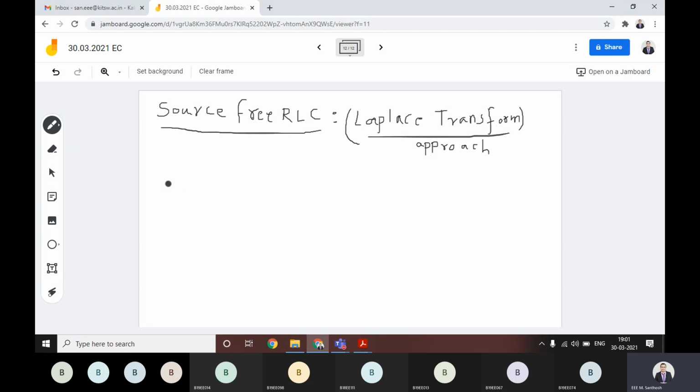Suppose this is the circuit I am giving you. There is a voltage source, plus minus, and there is a resistor, and there is a switch. This is A position of the switch, and this side is B position, let us suppose. Then you have a capacitor.